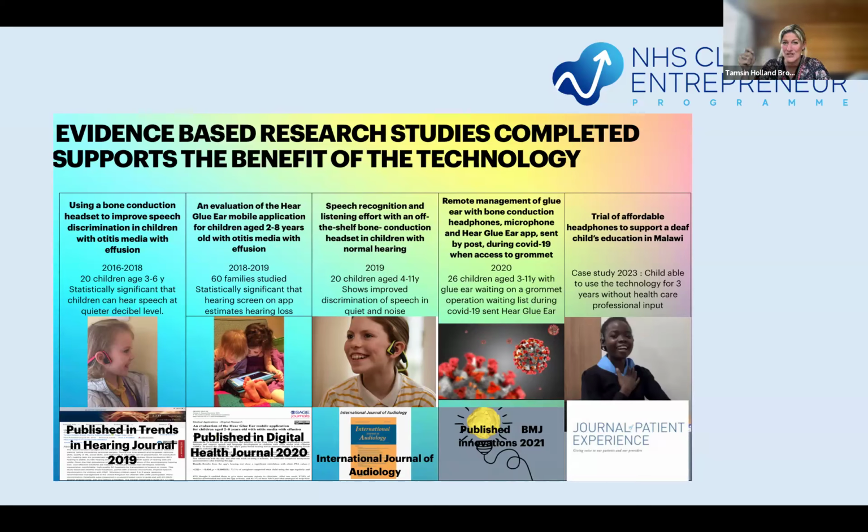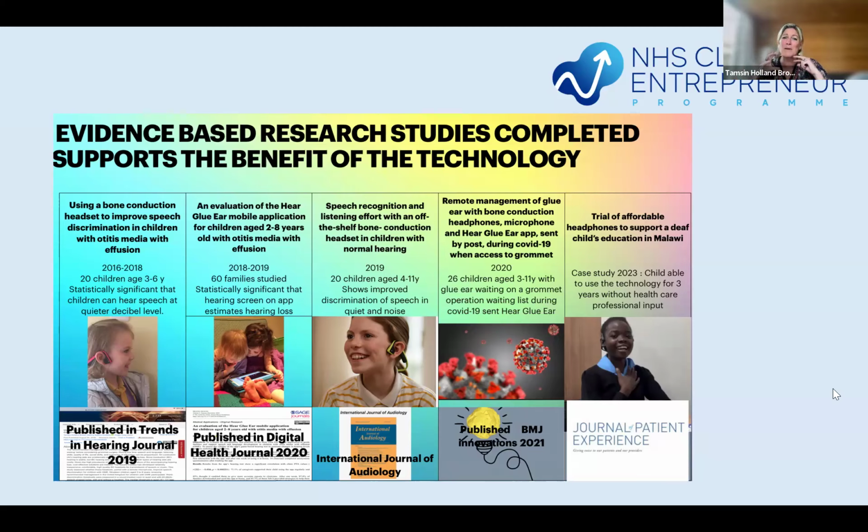And then the press published it widely, not just in this country, but in America, Bangladesh, various different places. And then low-income countries got to hear about it. Now I've ended up mostly working in Malawi and Rwanda and other areas where children have no access to hearing aids.